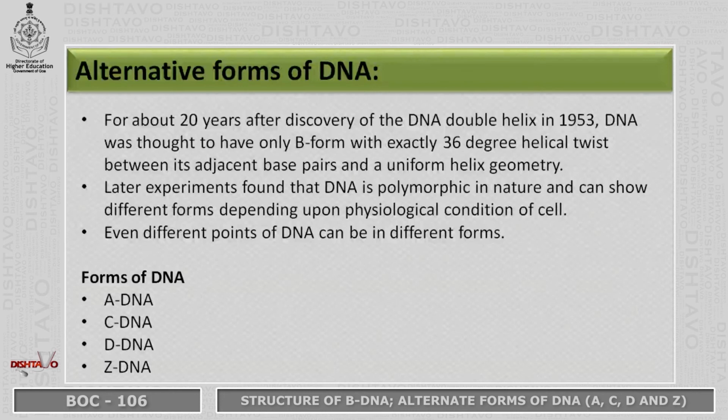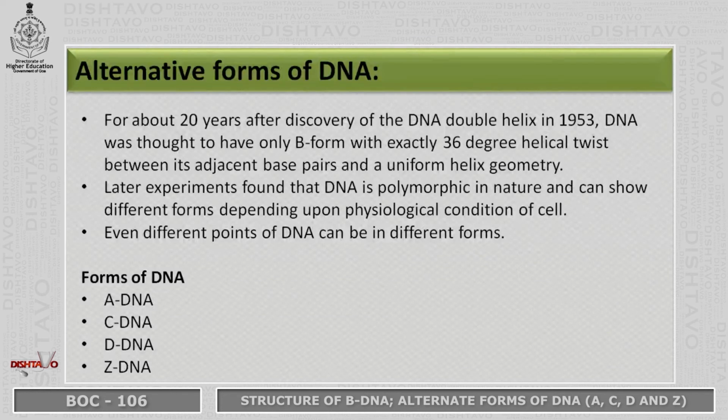Alternative forms of DNA. For about 20 years after discovery of the DNA double helix in 1953, DNA was thought to have only the B form with exactly 36-degree helical twist between its adjacent base pairs and a uniform helix geometry.